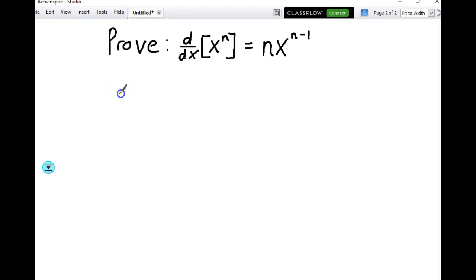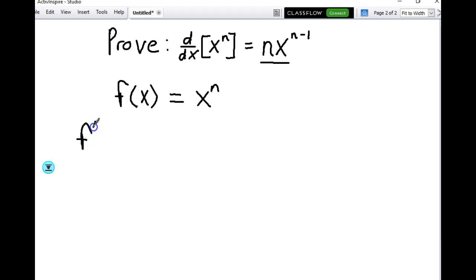So I'm going to say that let's have a function here, f of x is equal to x to the nth power, and I want to prove that f prime is equal to this over here. All right, so first of all, we're going to use that limit definition, right?